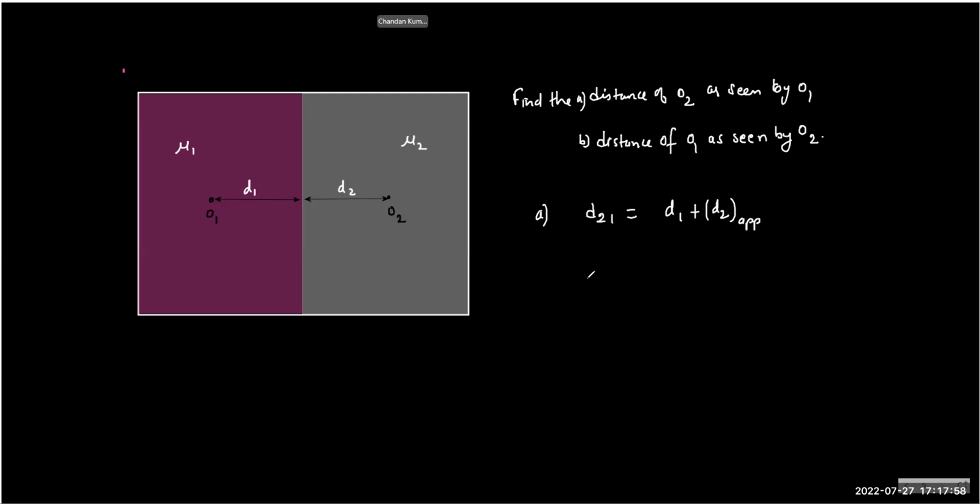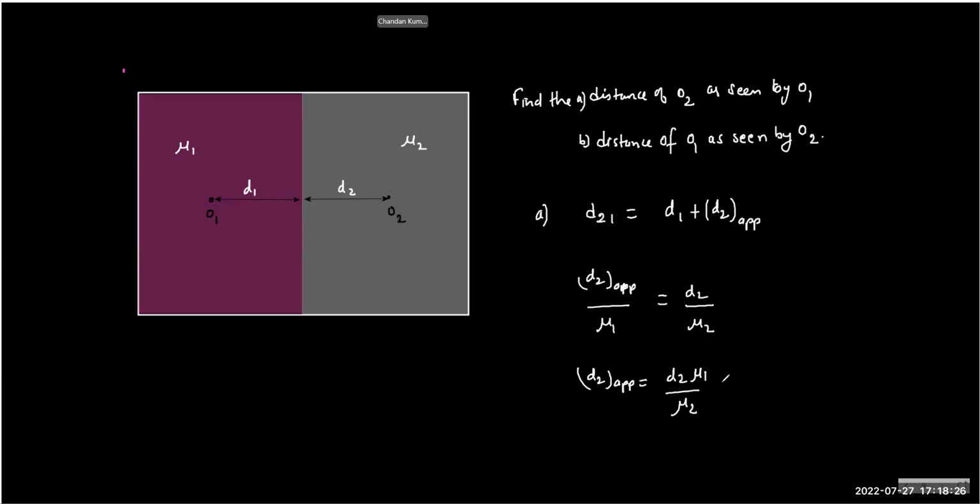And to get the apparent value, how to find it? D2 apparent upon the medium of observation equals D actual upon the medium. So D2 apparent is how much, guys? Tell me. D2 mu1 by mu2.